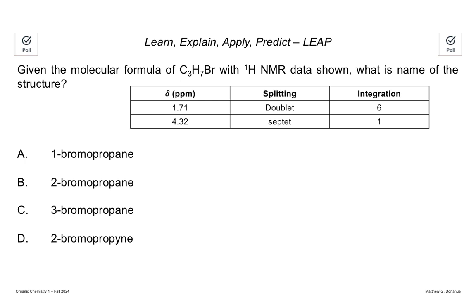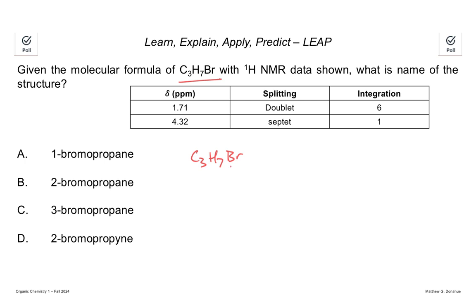So if we're given a molecular formula of C3H7Br, and then we're given that data, what is the structure, and then what's the name of that structure? Let's do the normal first thing, which is calculate any degrees of unsaturation.